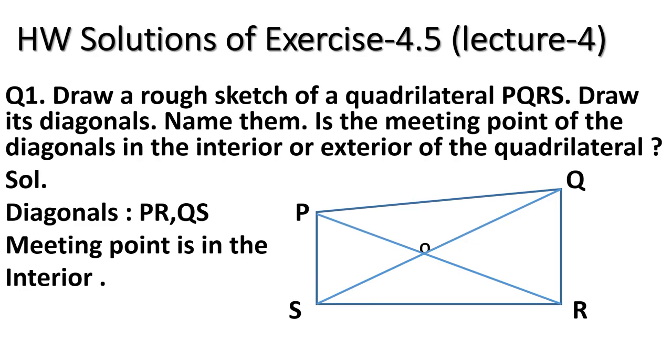Name the diagonals, that is PR and QS. Is the meeting point of the diagonals in the interior or in the exterior? It means where these two diagonals bisect each other. That point I have given the name O. So this point is in the interior of the quadrilateral.